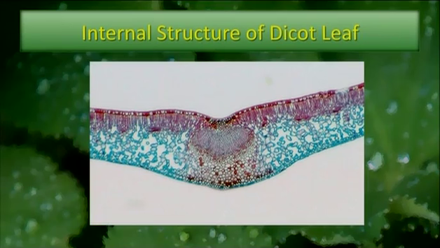Here we have the midvein, the main vein of the leaf. And here we have the vascular bundles, which are smaller, which are the veins in the leaf. The lower epidermis, and you can actually even see here a stomate with the two guard cells.